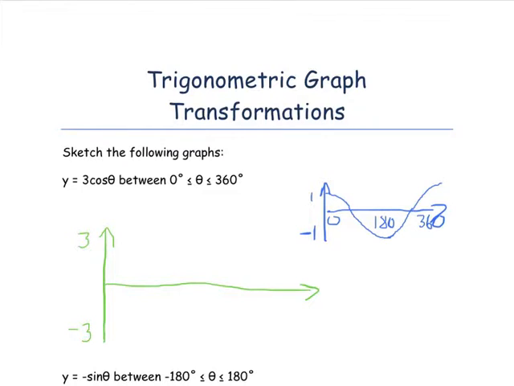Cos of 90 gave us 0, and 3 times 0 is still 0, so it's still going to cut through at 90, 270, and cos of 360 is 1, 3 lots of that is 3. So it's still going to follow the same curve, but this time it's going to have maximum and minimum limits of 3 and -3.